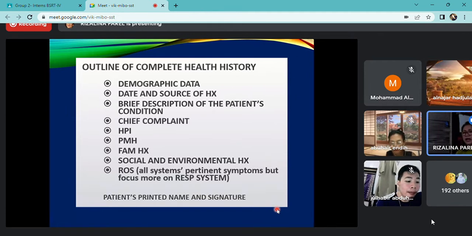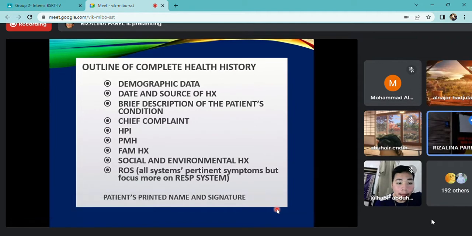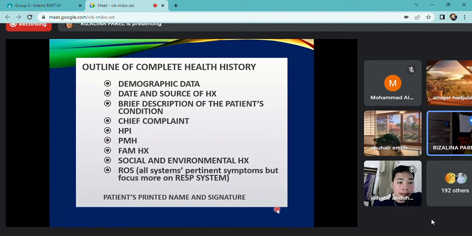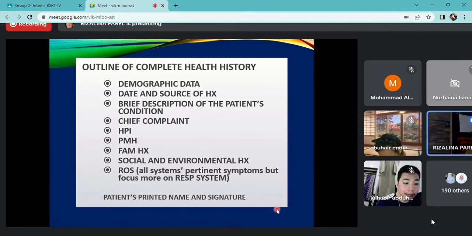Or, pwede rin, yan yung sa doctor's progress notes, yan yung tinatawag na initial assessment ng doctor or initial impression of the disease ng doctor. Okay? Then, next is the chief complaint. Of course, yung chief complaint, yun yung reason for seeking the treatment or seeking confinement.